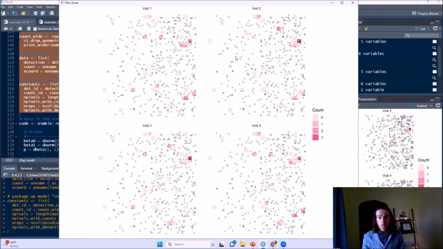I'm showing you the locations of these individuals in the background, but we're not able to observe those directly or perfectly. So for example, I'm looking at this point here in the top middle. There is an individual in that cell, but in this third visit, it has not been detected, but here it is detected on that 4th visit. So we have imperfect detection simulated in these data.